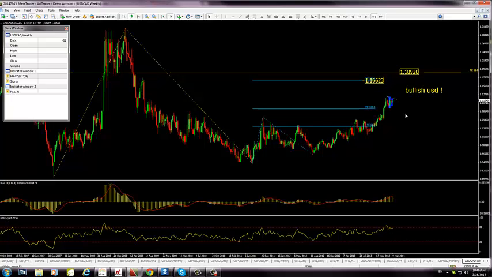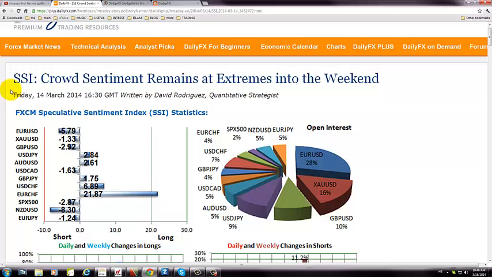Now I want to talk about the indicator you can use in daily FX. It's called the SSI, and it's a crowd sentiment indicator. You can see here this diagram shows us the way you read it is, for example, the Euro USD.